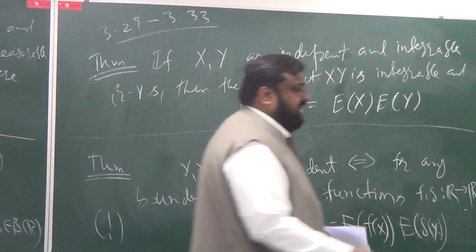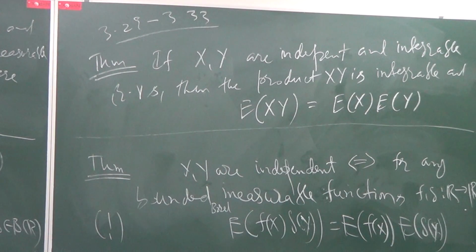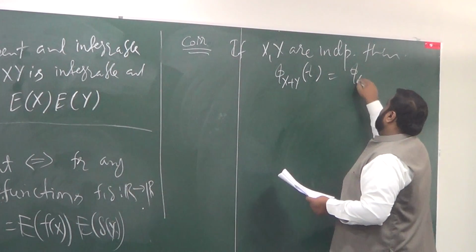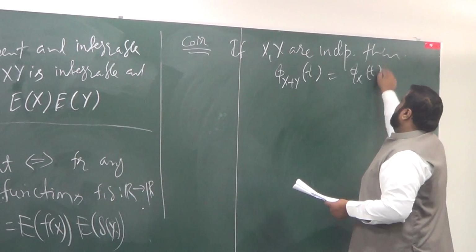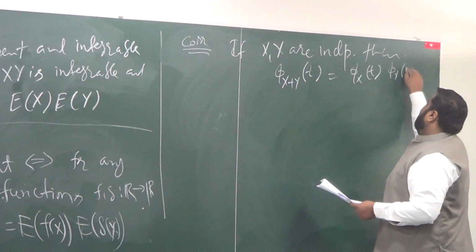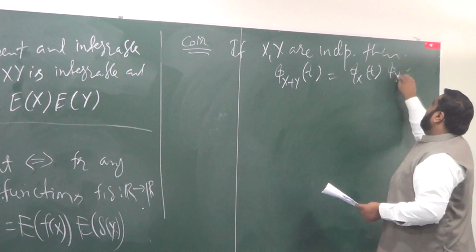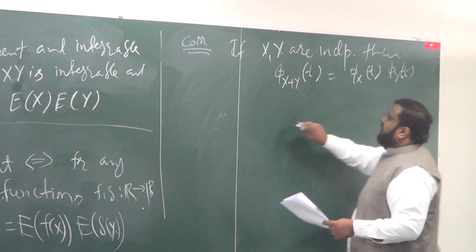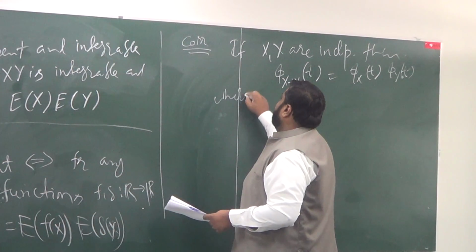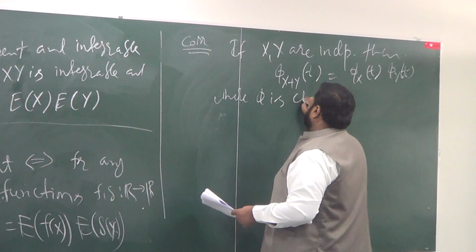Think about what should be that particular choice of f and g that can work here. Anyway, it's equal to phi of X of t and phi of Y of t, where phi is a characteristic function.